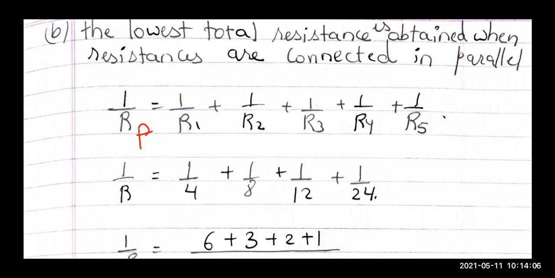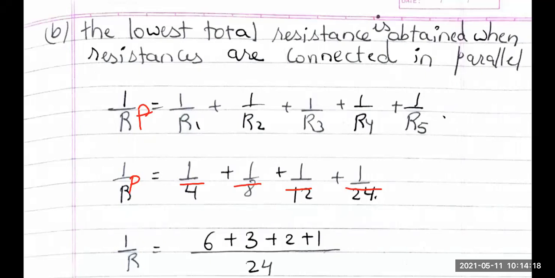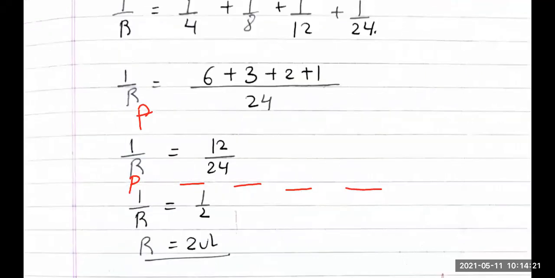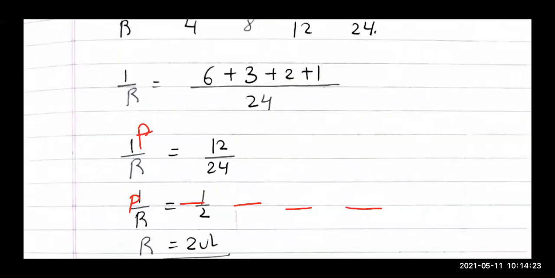We will get 1 upon Rp equals 1 upon 4 plus 1 upon 8 plus 1 upon 12 plus 1 upon 24. Now, if you want to add them, we need to take the LCM, right? So after taking the LCM and solving it, we are going to get 1 upon Rp equals 12 by 24, and 1 by Rp is 1 upon 2.